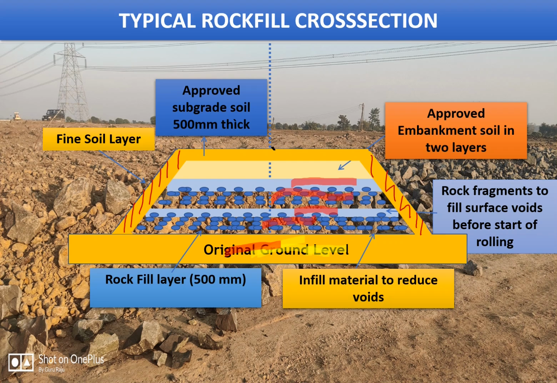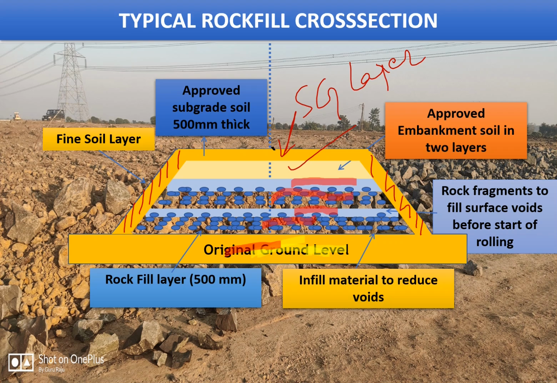Then on top of the rockfill embankment, you can put a layer of approved soil, which can be treated as embankment soil, and then finally on top of it you make a subgrade layer, which is of 250 layer each, a total of 500 mm thick.